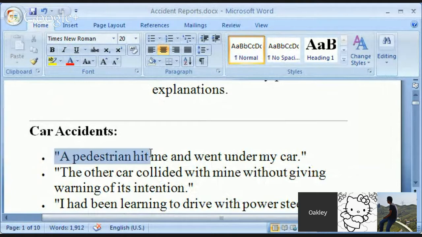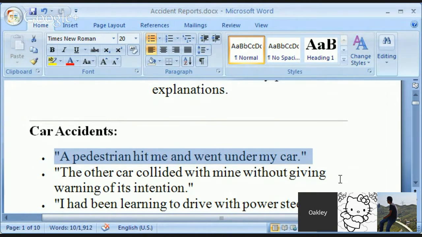Can you read the first one? "A pedestrian hit me and went under my car." What could be wrong with this statement? Well, what do you think really happened?